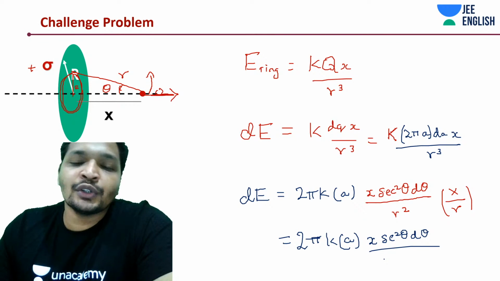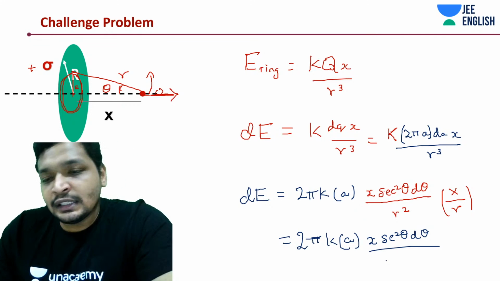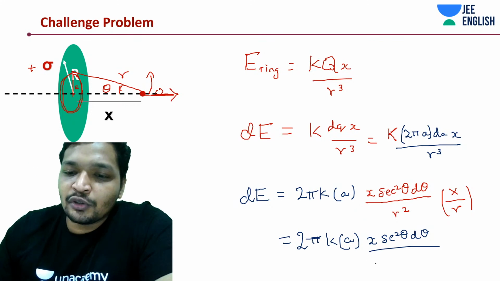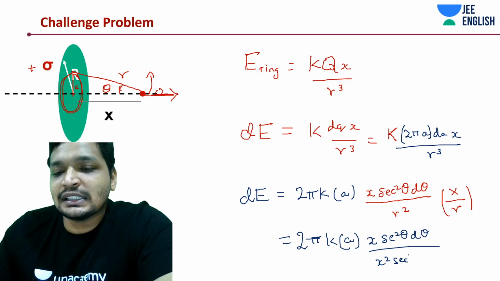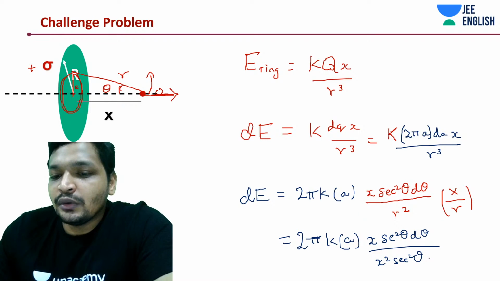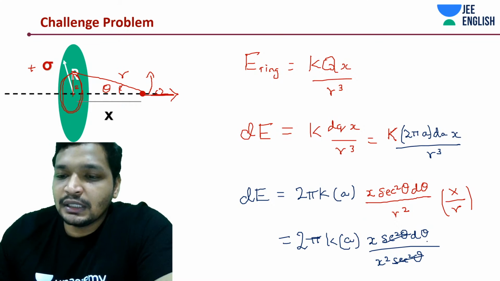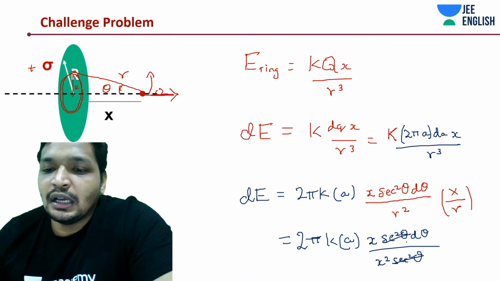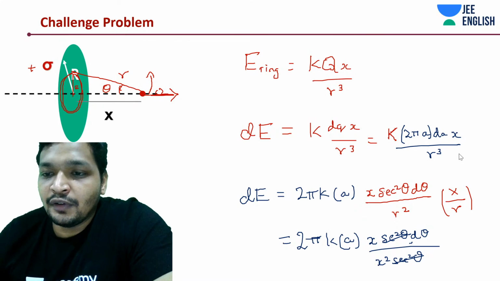If you remember, r square was a square plus x square, which came out to be x square sec square theta. So sec square theta cancels out, d theta would remain, of course, and we also have x to be cancelled out.